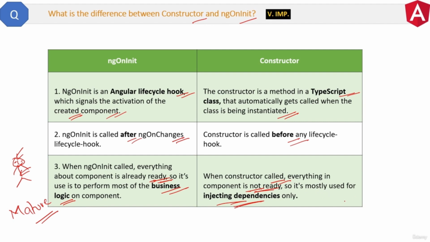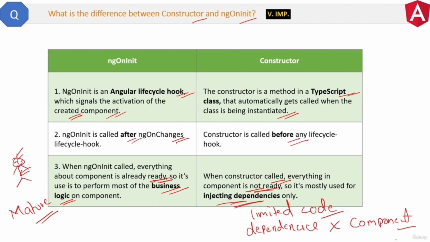Apart from this, we can declare variables and instantiate some classes, but not more than that. Very limited code should be placed inside the constructor. Why do we inject dependencies in the constructor? Because dependencies do not have anything to do with the component's maturity. It is not related to whether your component is created or not. That's why we inject dependencies in the constructor.